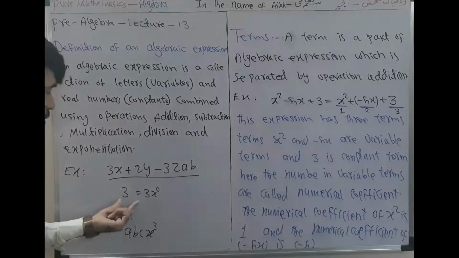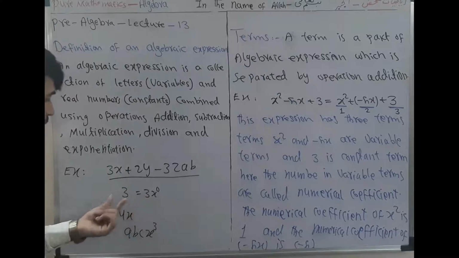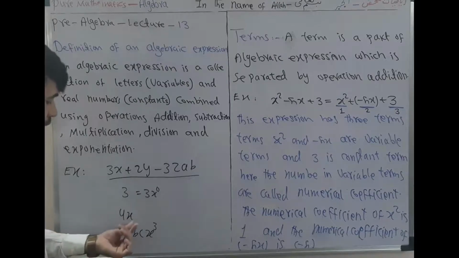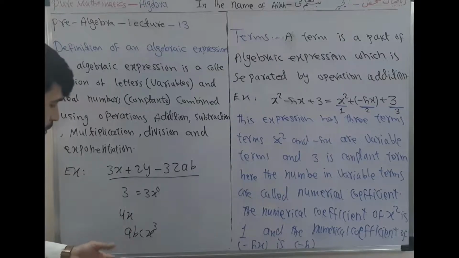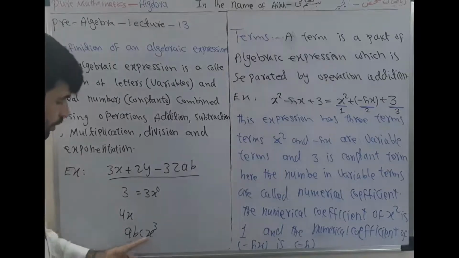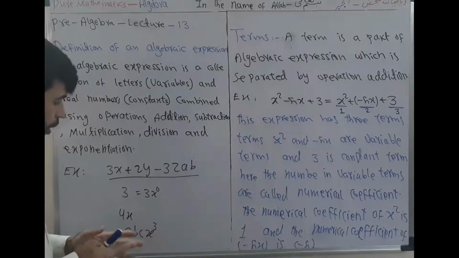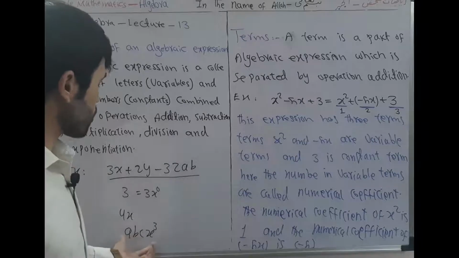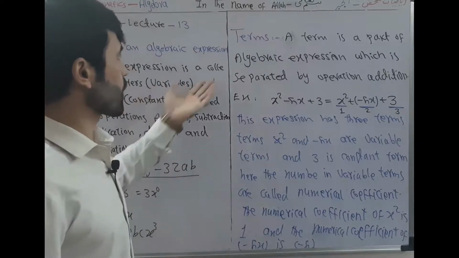Every arithmetic expression is an algebraic expression. 4x is also an algebraic expression because the letter and number are combined by multiplication. Letters with numbers combined by subtraction and exponentiation are also called an algebraic expression.